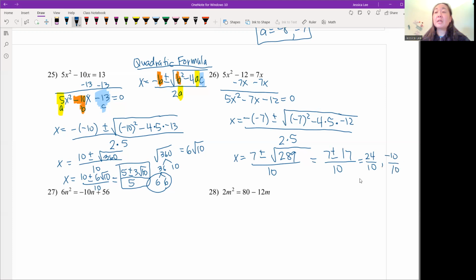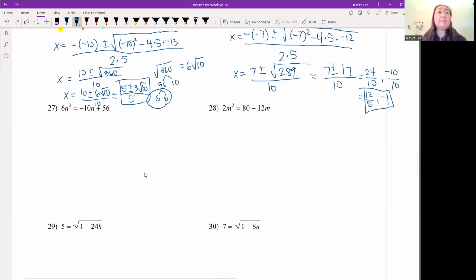I'm just going to simplify those down. 2 goes into both of them, so 12 divided by 5, and this is going to just be negative 1. There you go. When you get numbers like that, you know that it was factorable. If you get numbers with the radical in it, not factorable.